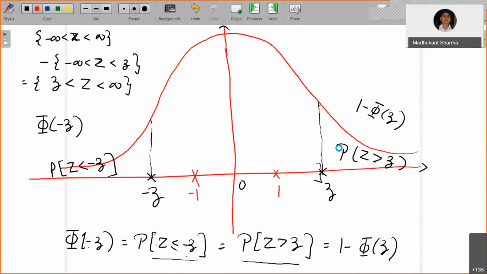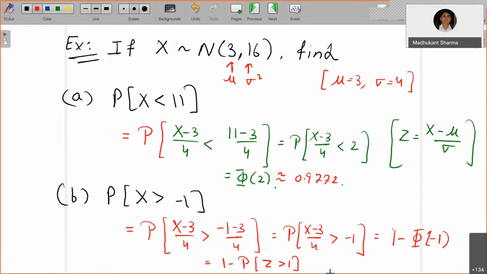So this equals 1 minus the probability of z greater than 1. You can again use 1 minus the probability of z less than or equal to 1, and that will give you phi of 1.